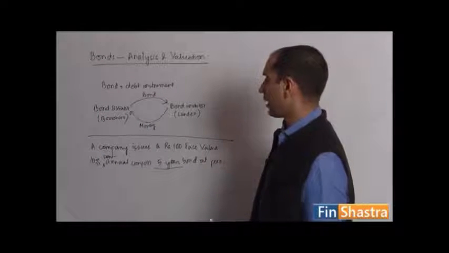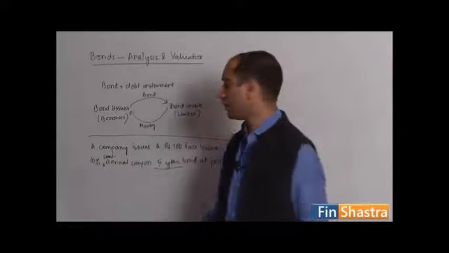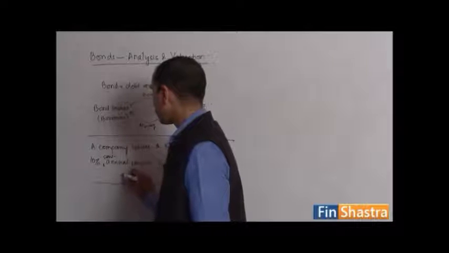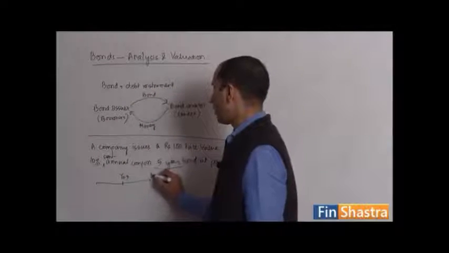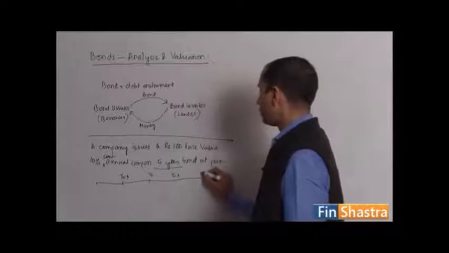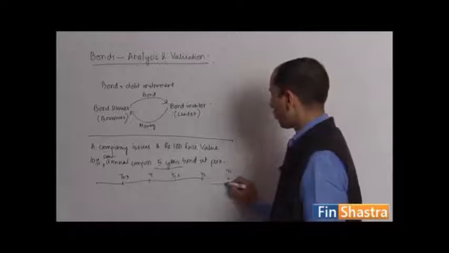So what will the cash flows look like? A 10% semi-annual coupon bond means a coupon every 6 months. So Year 0.5, which is 6 months, Year 1, Year 1.5, Year 2, and till Year 5. So it kind of goes on.